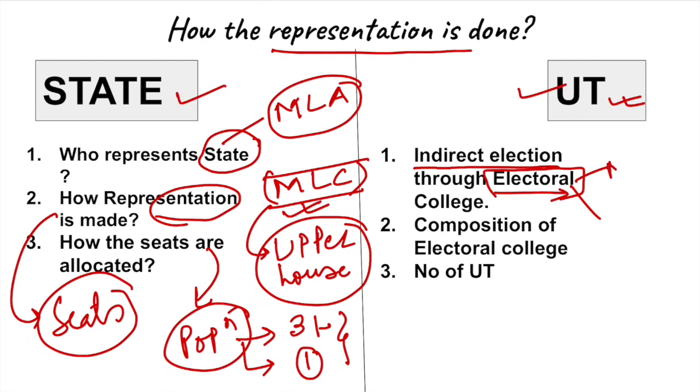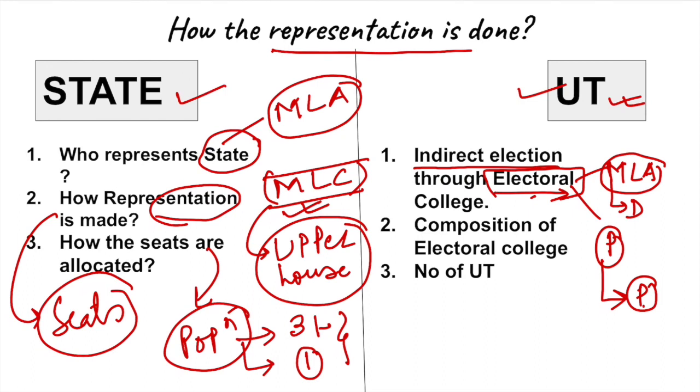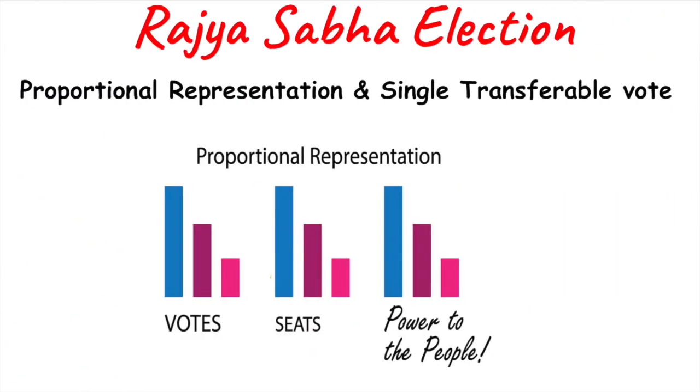The electoral college is constituted by the elected members of the Legislative Assembly of Delhi, and likewise, in the Puducherry case, the elected members of the Legislative Assembly of Puducherry. So basically, they are the part of the electoral college who vote on the basis of proportional representation and the single transferable vote system in order to elect the member of the Rajya Sabha from that particular state and particular union territory.